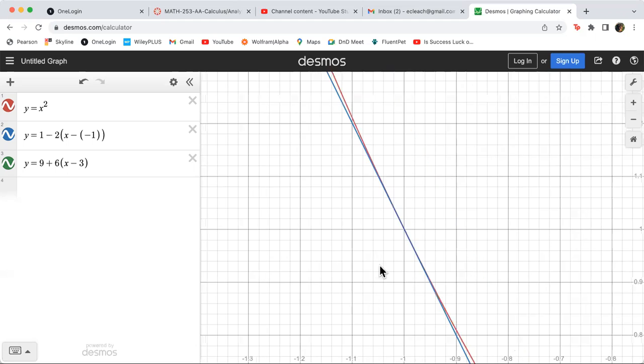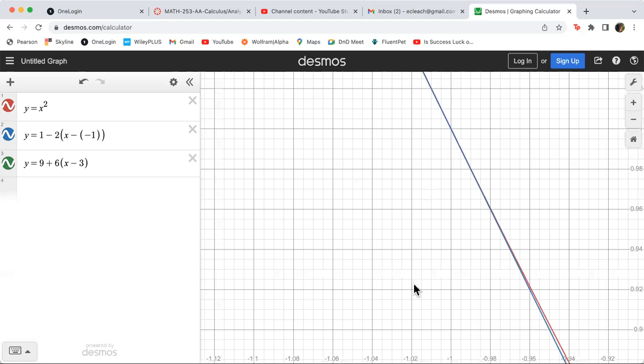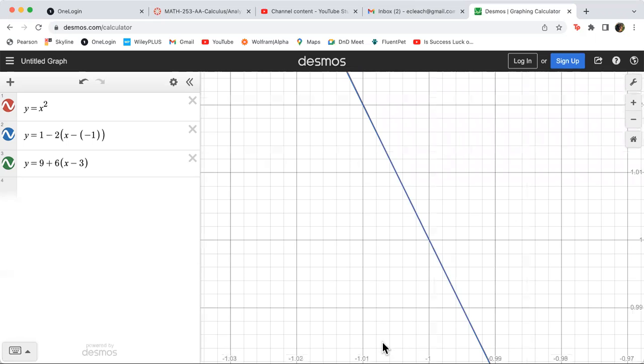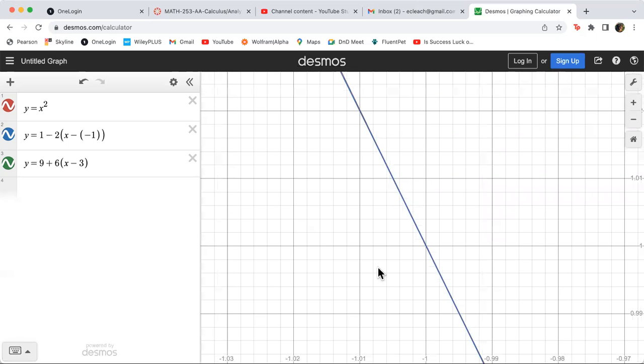But if we zoom in more, it bounces less. And if we zoom in even more, we don't even have enough resolution to see the difference between the two. Moreover, we aren't even that close. This is from negative 1.03 to negative 0.97.